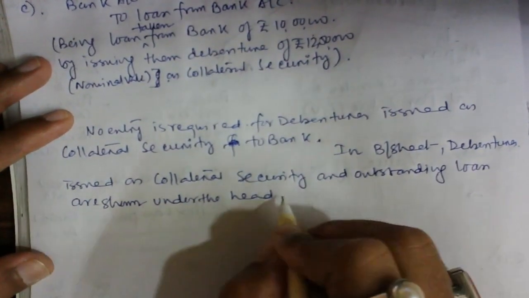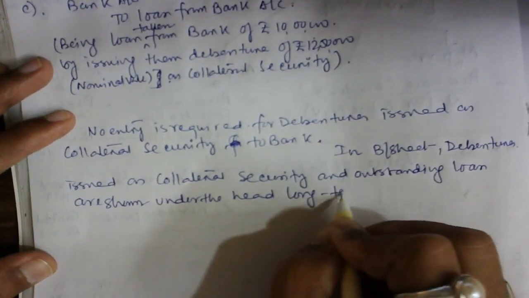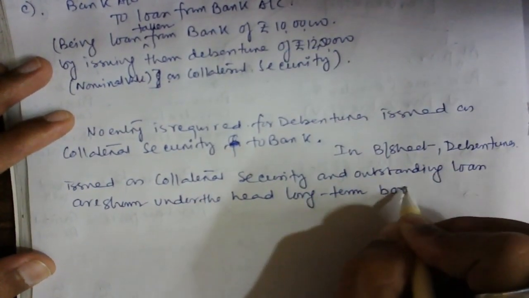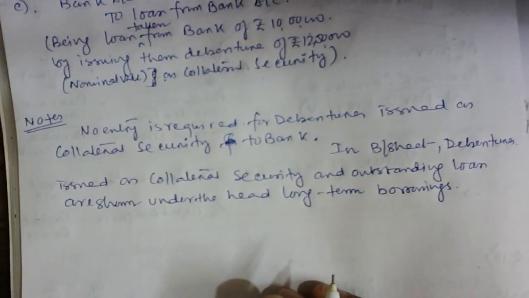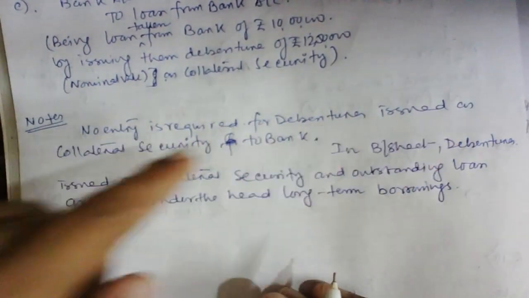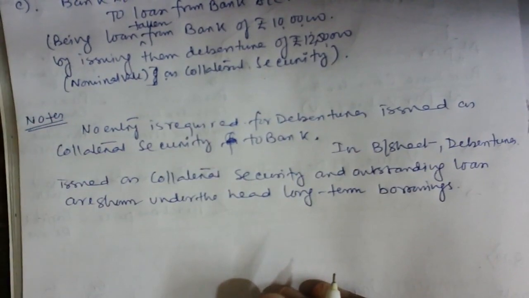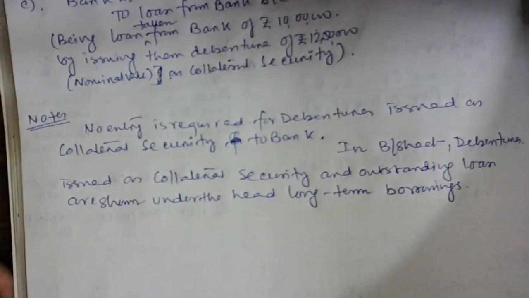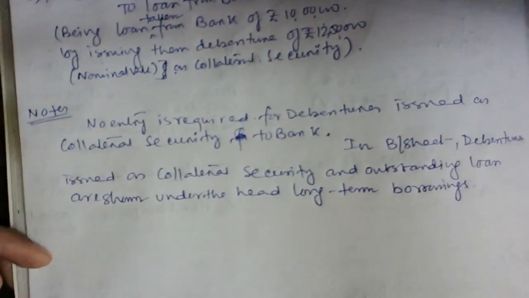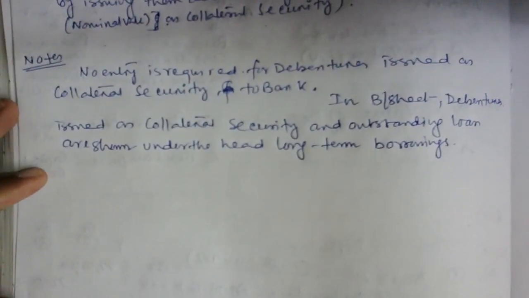You can write long-term borrowing. So you can simply show the loan amount under the long-term borrowings and the notes with respect to the debenture issued as collateral security under the long term borrowings head. Okay, that is what done, that is what completed guys. Complete हो गया, ये done हो गया, ठीक है.